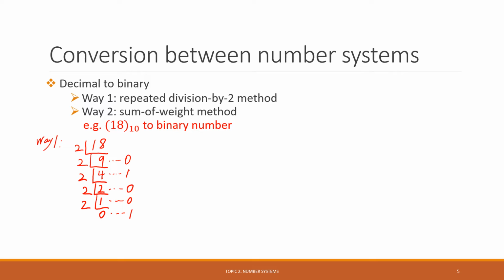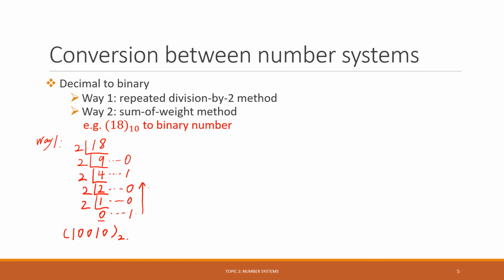So we stop the division when the quotient is 0. Then we read our remainders from bottom up. In this case we get 1 0 0 1 0. That's the representation of 18 in binary. For any decimal number, we can use this way to convert it to binary.